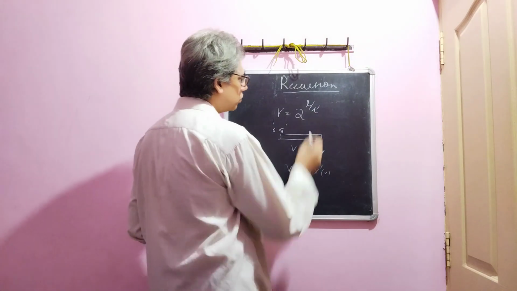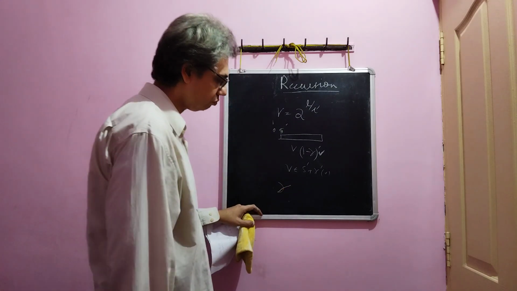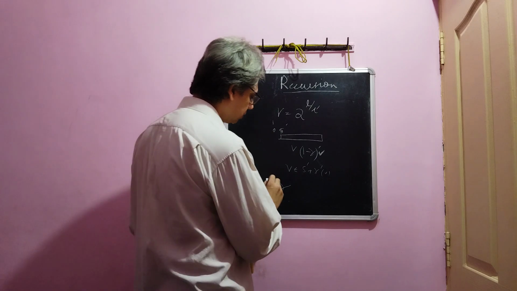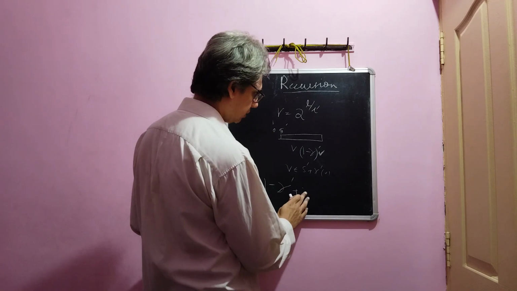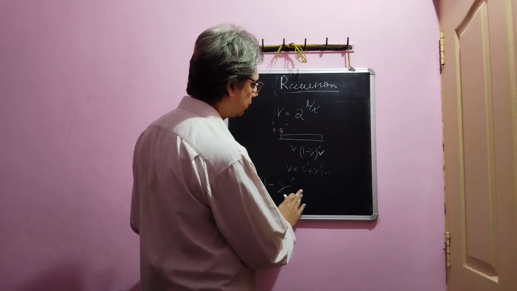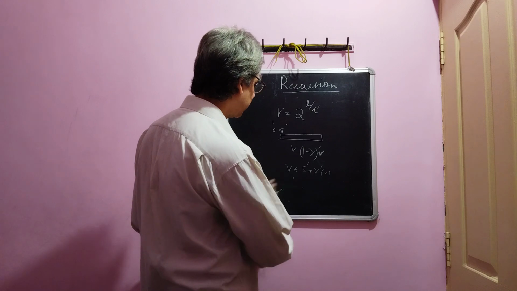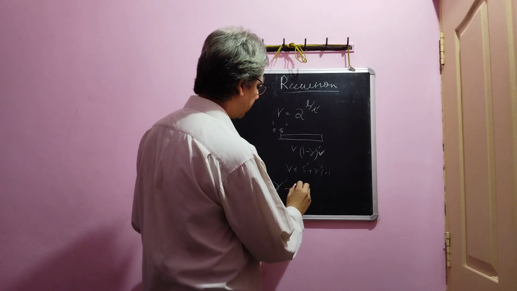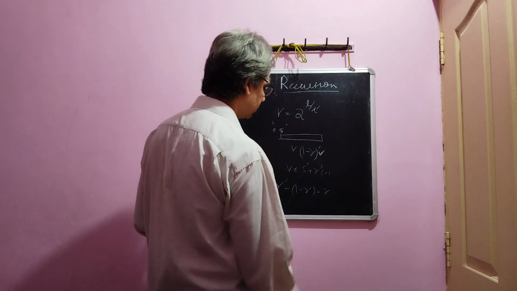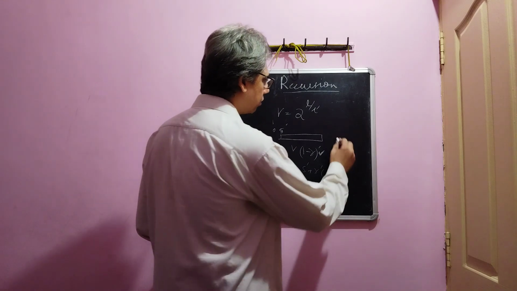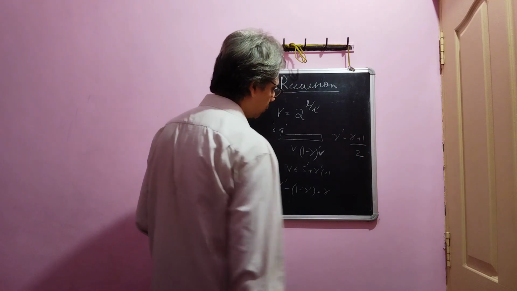Now if r equal to 2 power l by l dash, then we require 1 minus r dash minus r dash to be equal to r, or r dash equal to r plus 1 by 2.